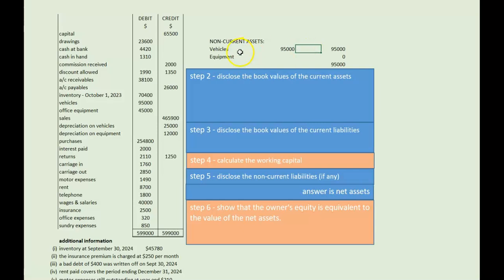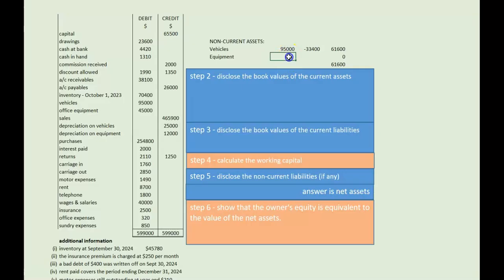So the depreciation for the vehicle was 25,000 plus the 8,400 that we calculated on the income statement. That means that we're taking away a total of 33,400.